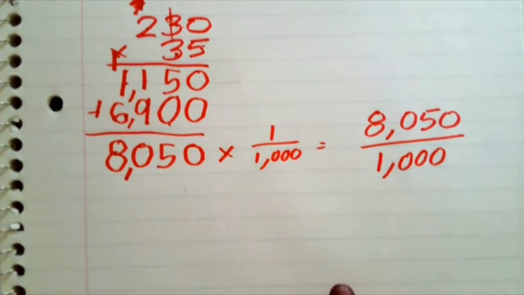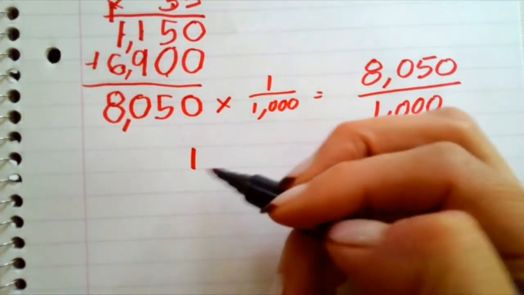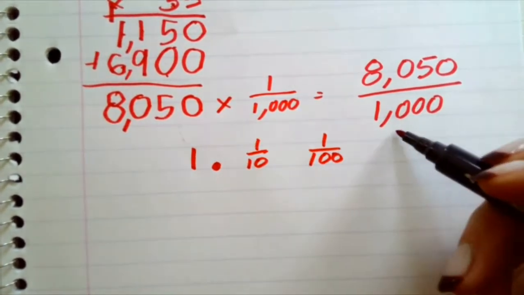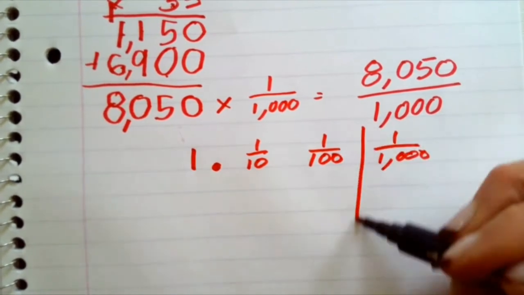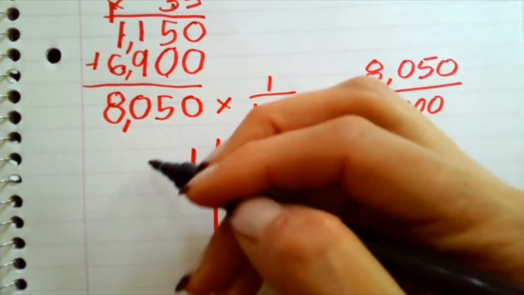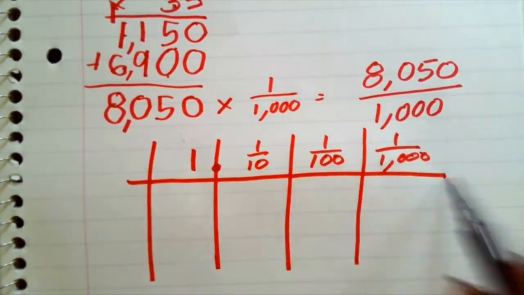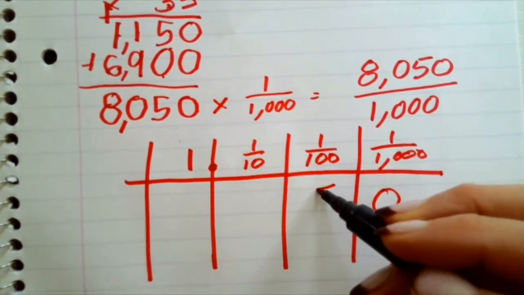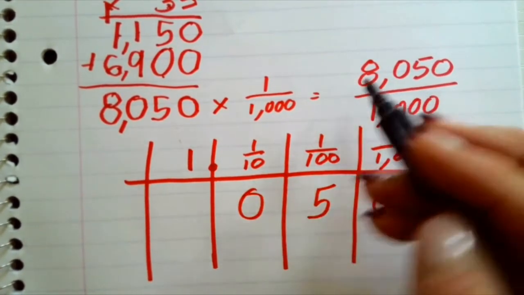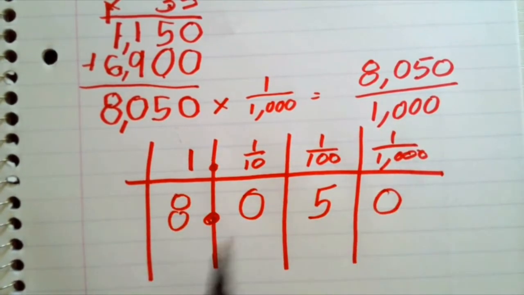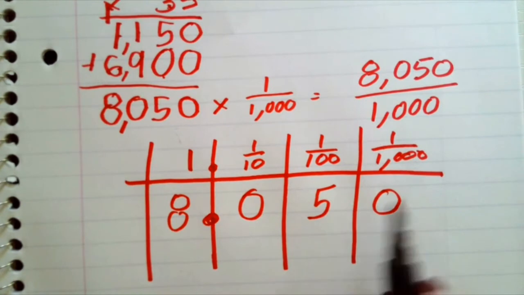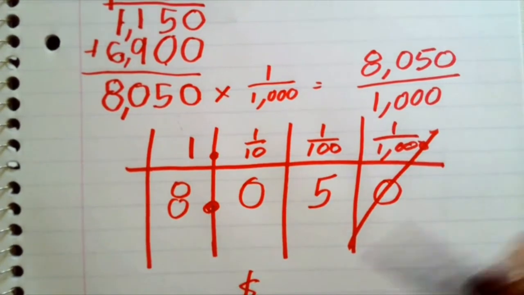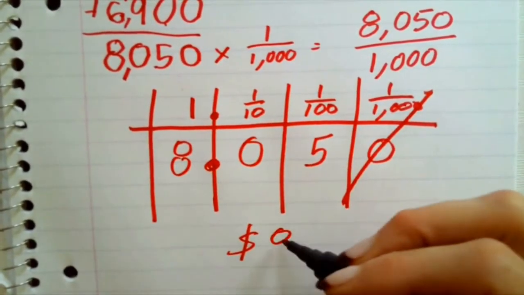If we write this in decimal notation, tenths, hundredths, thousandths, we would start by putting the 0 in the thousandths, the 5 in the hundredths, the 0 in the tenths, and the 8 in the ones. And we get 8 and 5 hundredths. We can ignore that 0. So the amount he pays is $8.05.